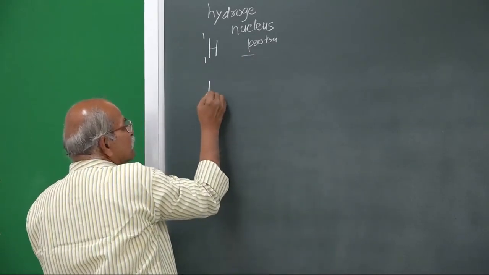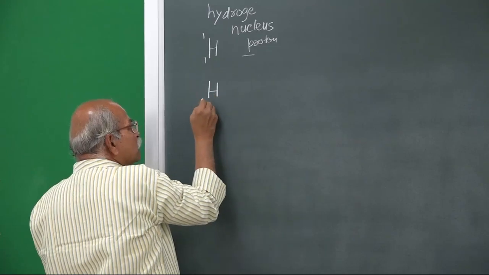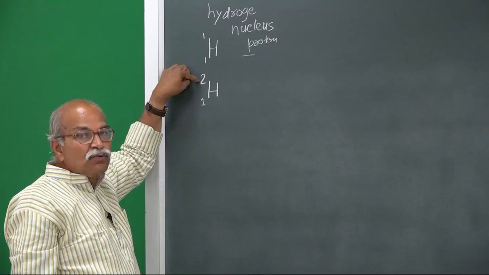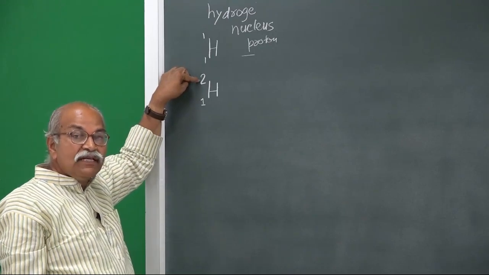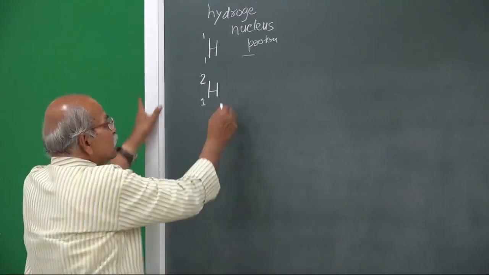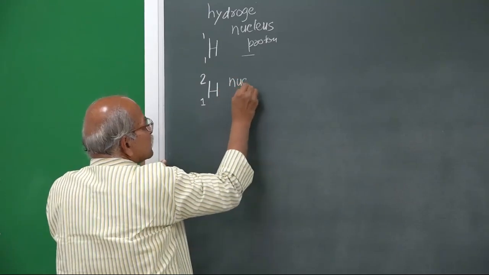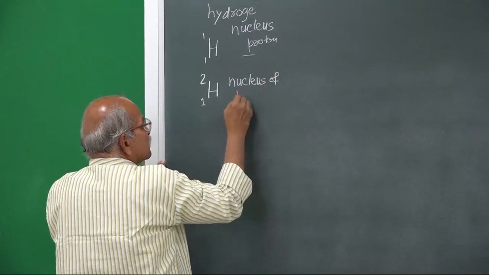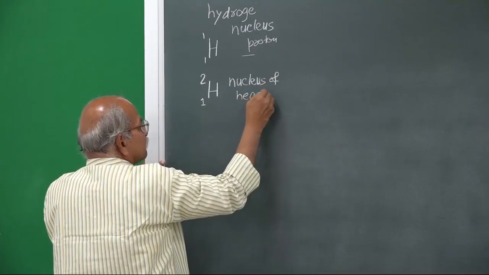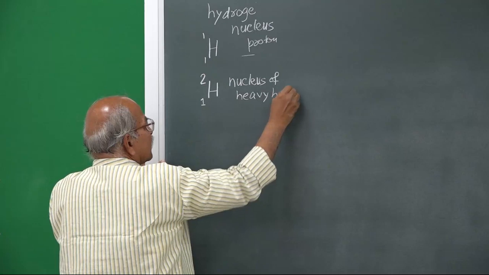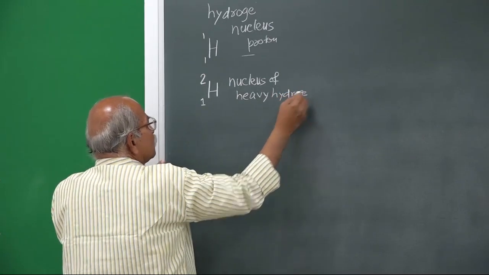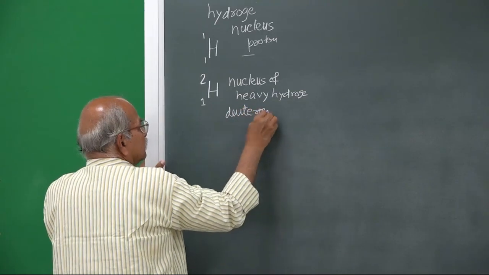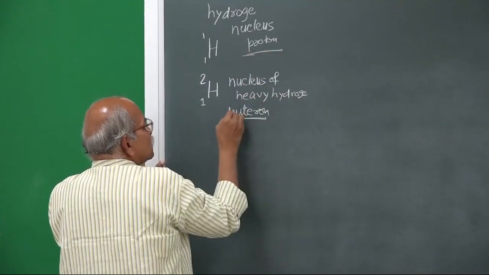And if you have 1 proton together with 1 neutron, then this total number is 2. That is the nucleus of heavy hydrogen. It is called deuteron. So, this is proton and this is deuteron.